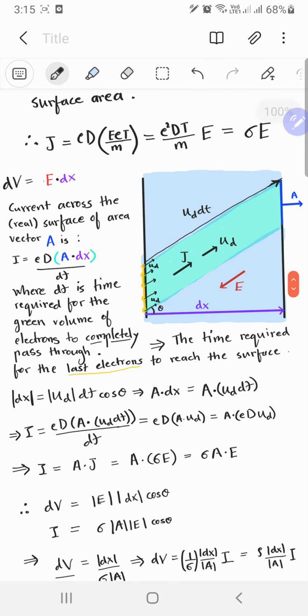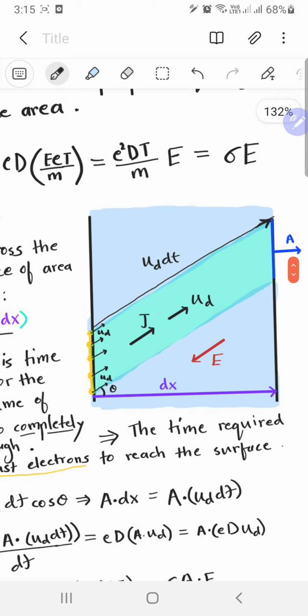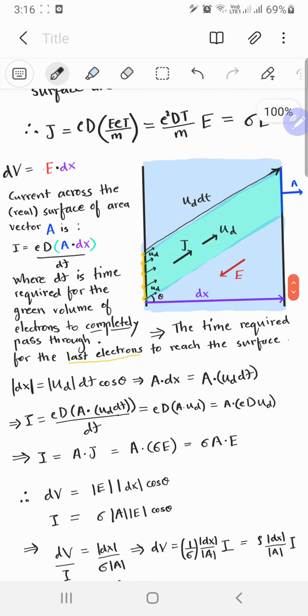Then you have this. Here we're just considering an elemental volume. It's just two surfaces which are a very small distance dx apart, and you have electrons with drift velocity ud inside them, and you also have the field which is like this. The diagram gives everything, right?